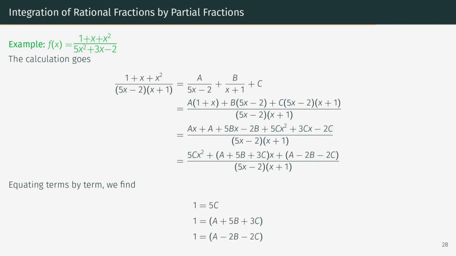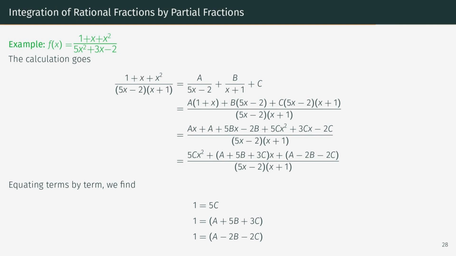Starting from what we had on the previous slide, we want to find the coefficients a, b, and c. To do this, we start by cross-multiplying all the fractions to get them over the same denominator. This leads to a times 1 plus x plus b times 5x minus 2 plus c times 5x minus 2 times x plus 1 all over 5x minus 2 times x plus 1.